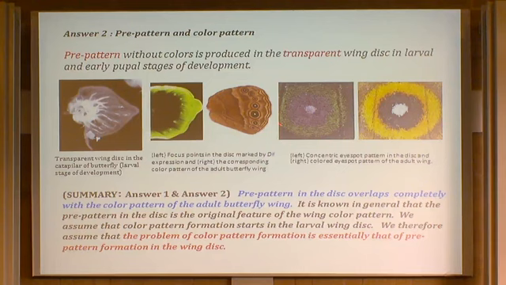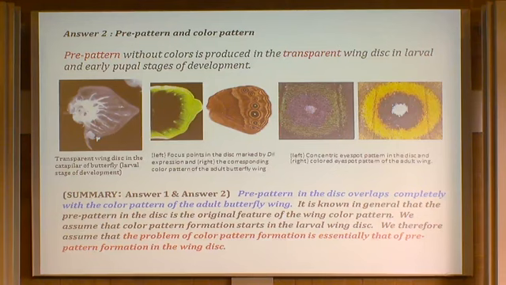This is the adult color pattern. The colors just appear one or two days before emergence. Before that, nothing can be seen with our eyes.